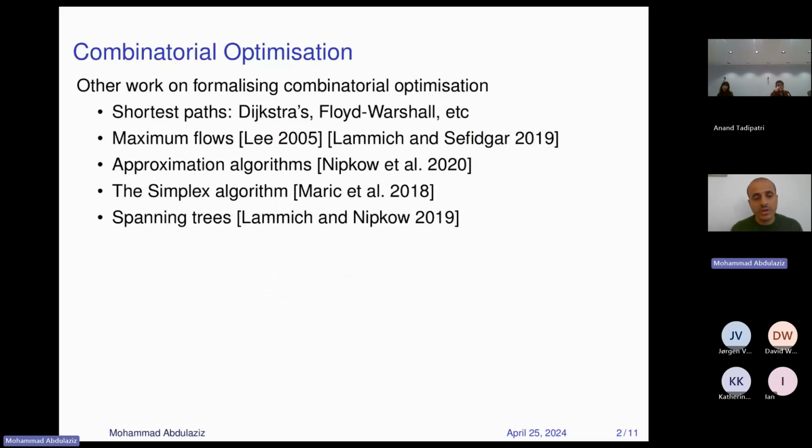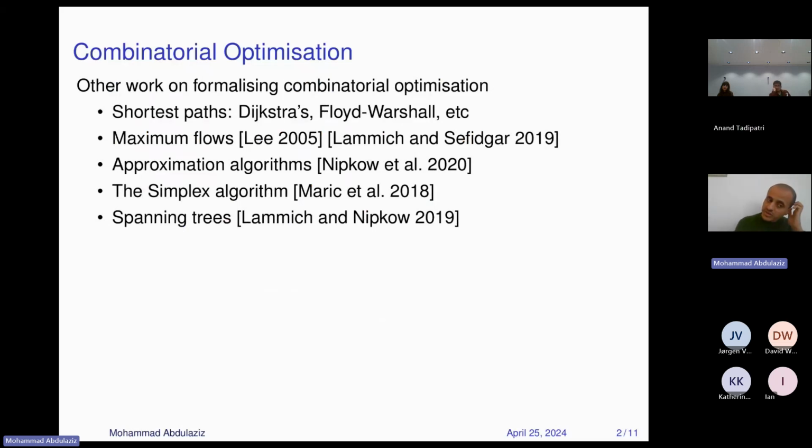I would like to note before I start that there is a lot of work in formalizing results from combinatorial optimization. For example, all shortest path algorithms have already been verified, or their correctness has been formalized, by many authors, and I won't list all of them here. Maximum flows have also been considered earlier by Lammich and Sefidgar and Lee as well.